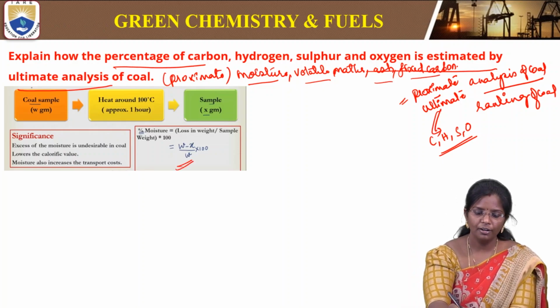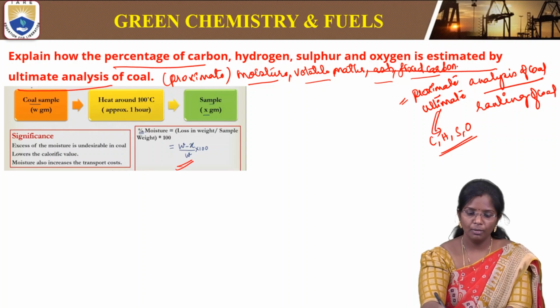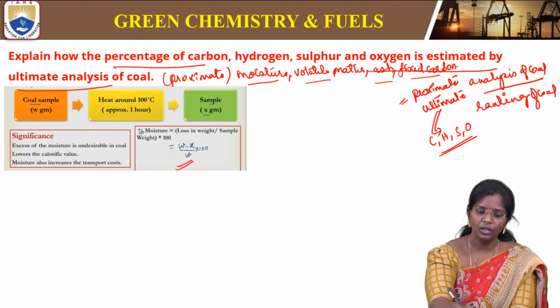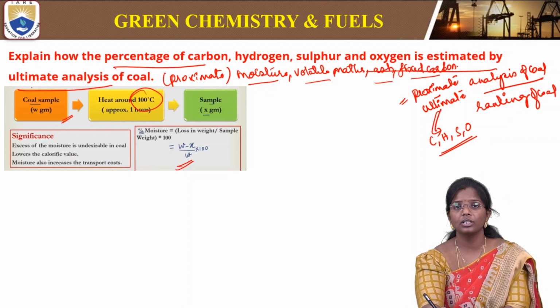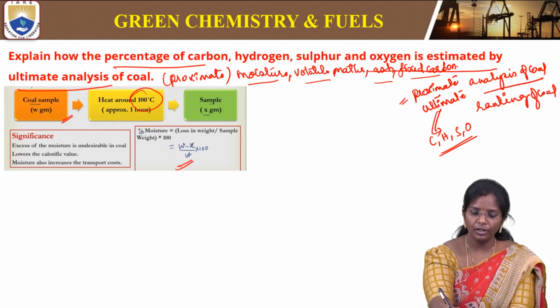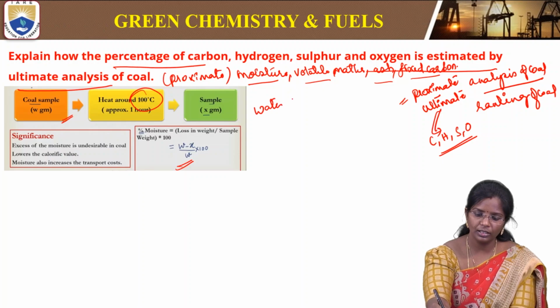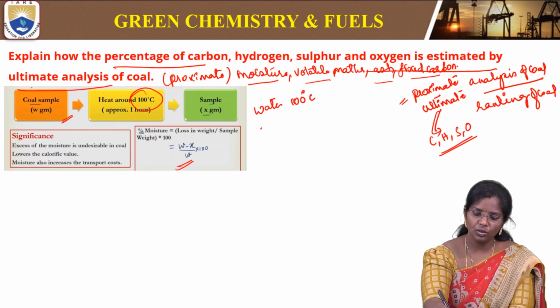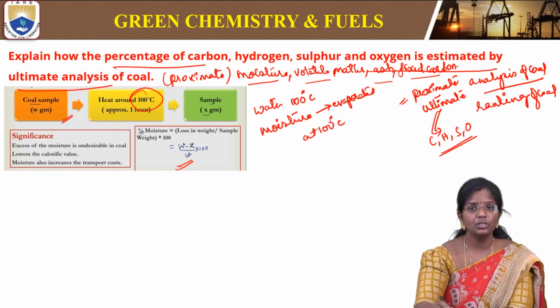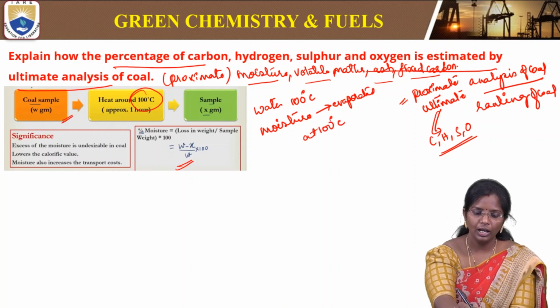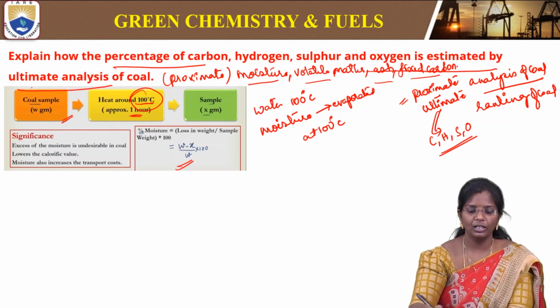So this is the procedure for the moisture. In moisture, we heat the coal sample at about 100 degrees centigrade. What is the boiling point of water? It is 100 degrees centigrade. So any moisture present in coal will be evaporated at this temperature. That is why we heat at 100 degrees centigrade for approximately 1 hour.